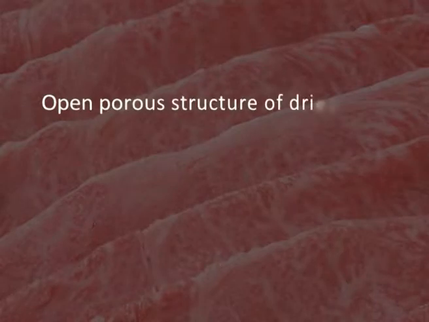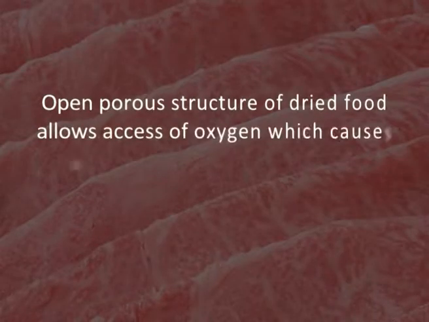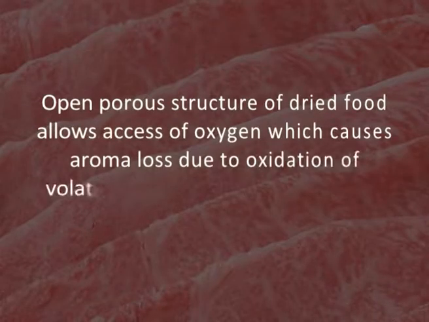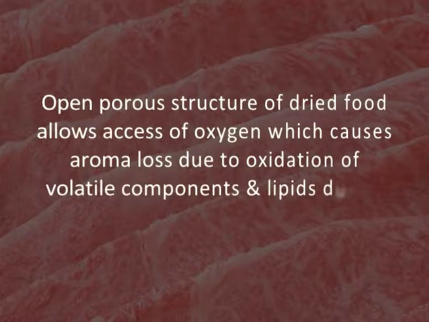The open porous structure of dried food allows excess of oxygen, which causes aroma loss due to oxidation of volatile components and lipids during storage. The rather high temperatures during meat drying and storage cause intensive oxidation, rancidity of the fat and an unpleasant rancid flavor, which strongly influences the palatability of the product.